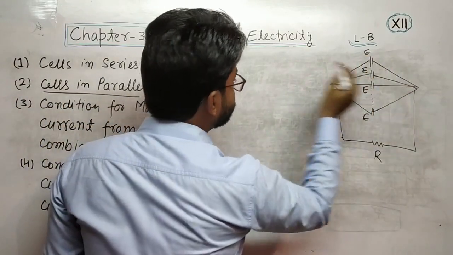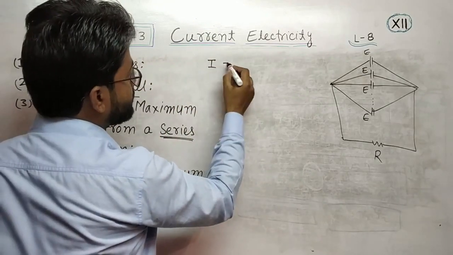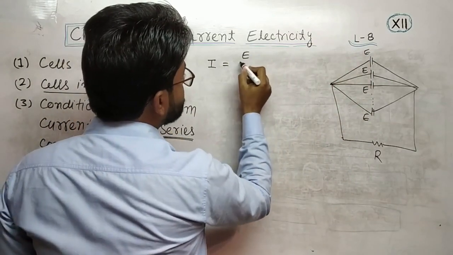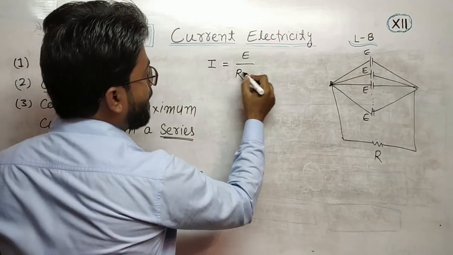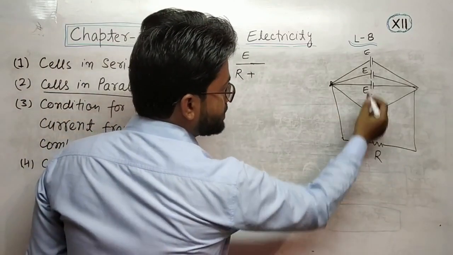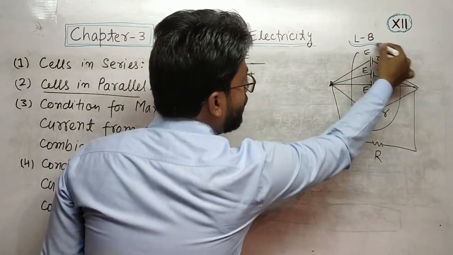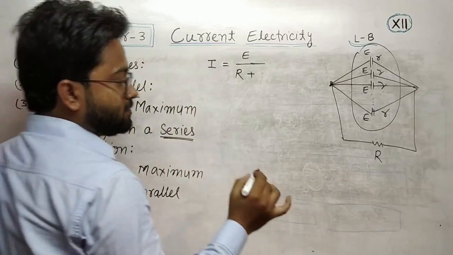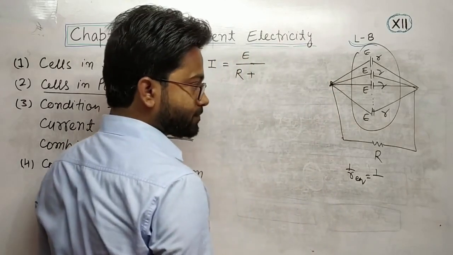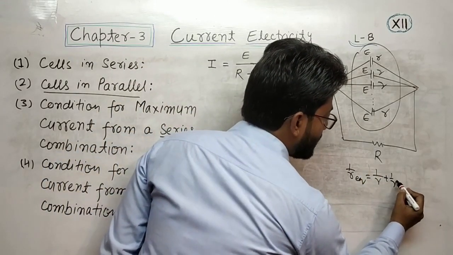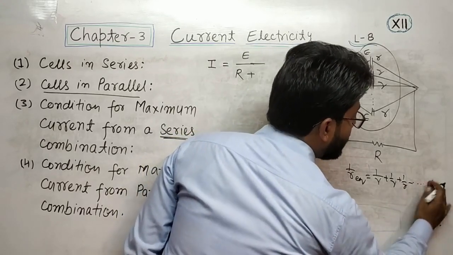The net current will be equal to total potential, which is E across this, divided by total resistance. For the internal resistances of all the cells, 1 upon R equivalent is equal to 1 upon r plus 1 upon r plus 1 upon r plus and so on, n times.